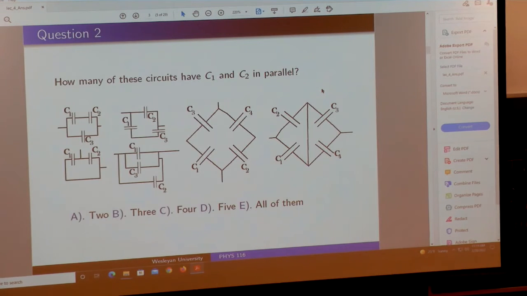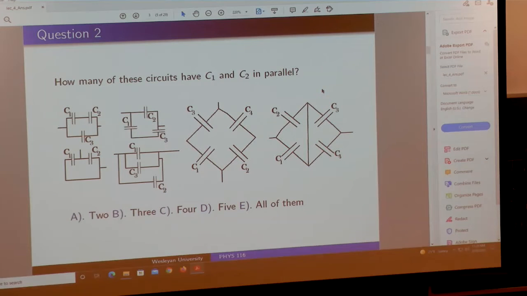All right, so here is your capacitor question. So a bunch of circuits. I'm asking how many of these have C1 and C2 in parallel? I'm only asking about C1 and C2, are they in parallel?